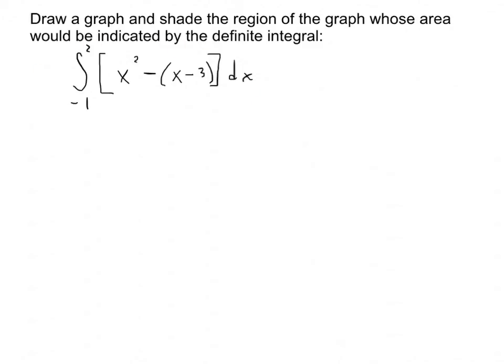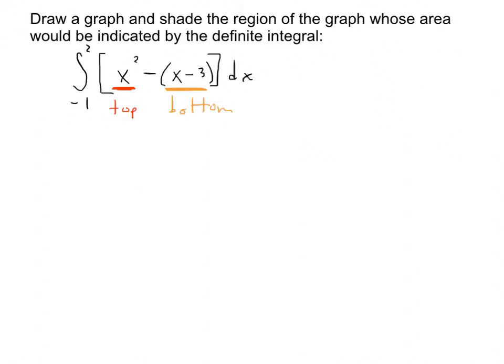So just by looking at this, we can tell that the region is going to start at -1 and stop at 2, right? We should also be able to tell that this thing is going to be our top function, and this thing is going to be our bottom function, right? We know that this thing is supposed to be top minus bottom, and so since there's a minus in between, it makes sense that that's what it would be, right?